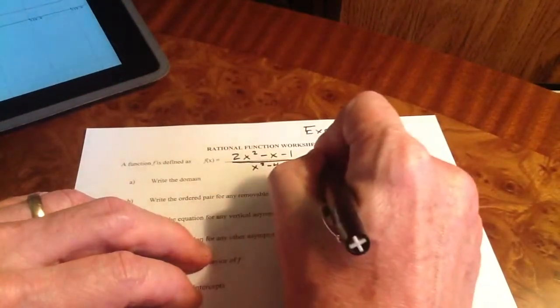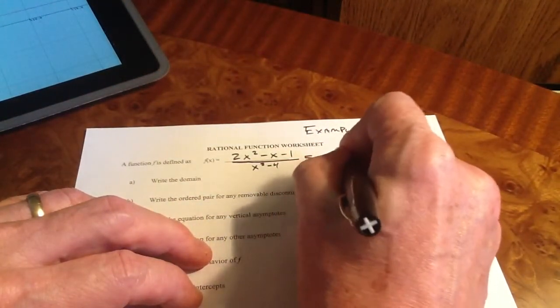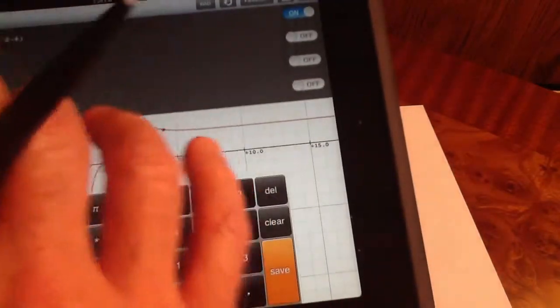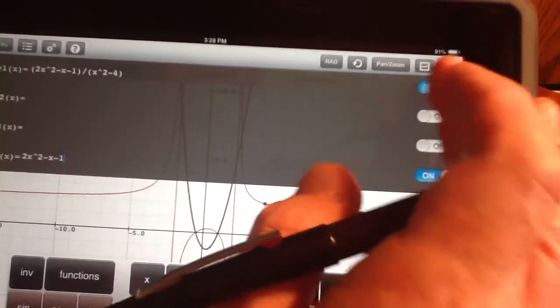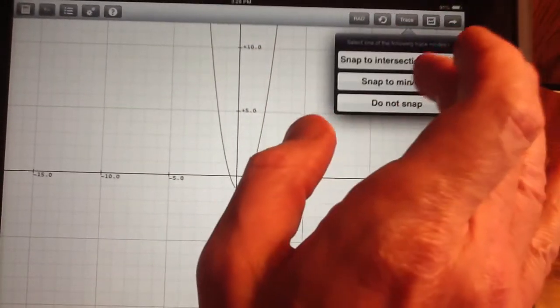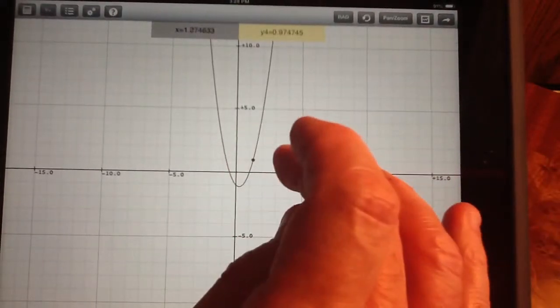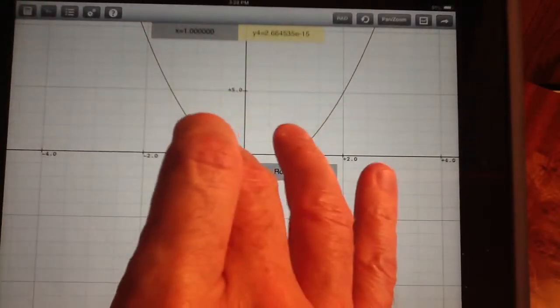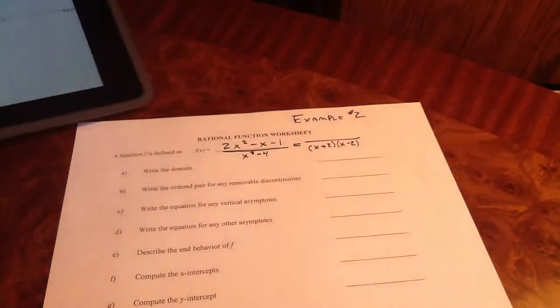That obviously is the difference of two squares, x plus 2, x minus 2. And there is an easy way to do the top, which is I'm just going to plug in just the top function, and then I'll get it to calculate the zeros for me. 1 and negative 1/2.